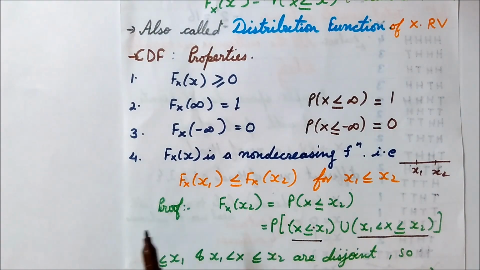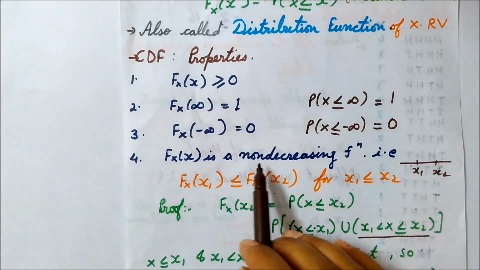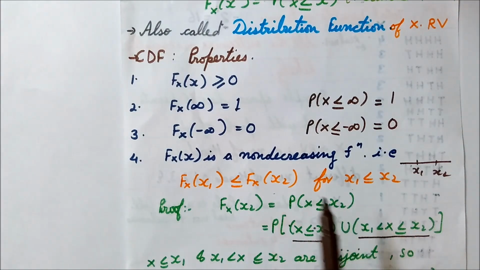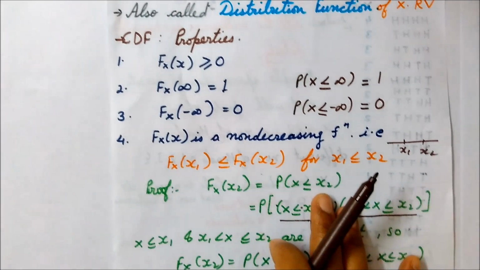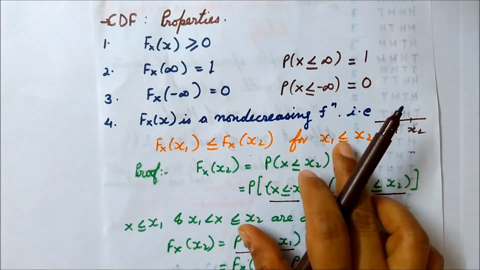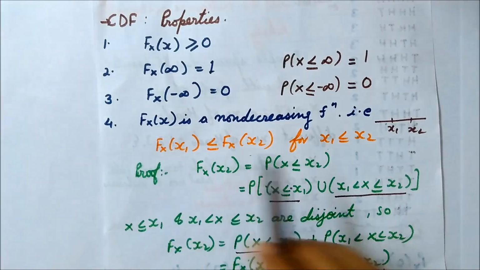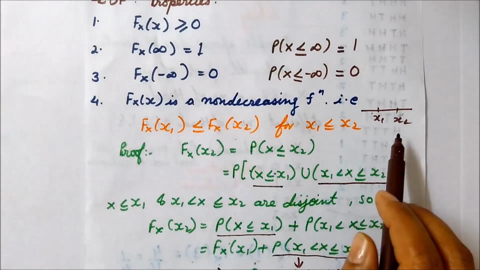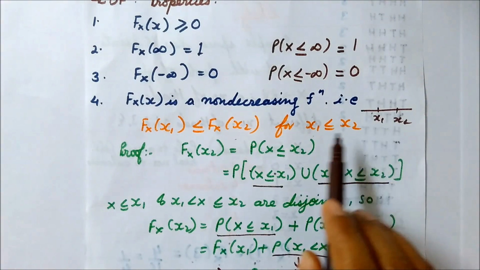Now the fourth property says that the CDF is a non-decreasing function, and we need to prove this. How can we say that it is a non-decreasing function? We are going to take two points, say the values of this random variable are x1 and x2 on the number line, and we say that x2 is greater than x1.